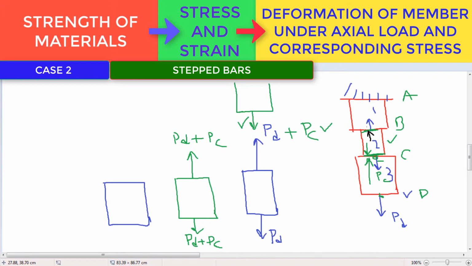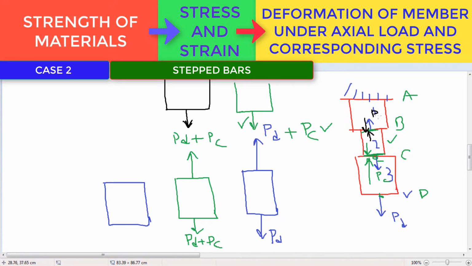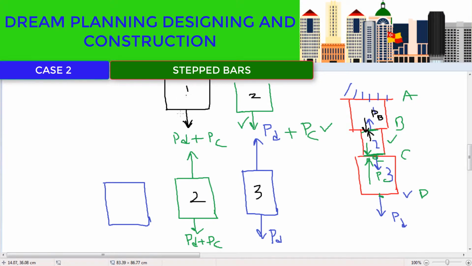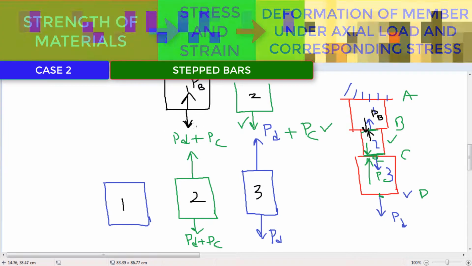Due to this load applied on this joint, there is an equal and opposite reaction from member AB, that is downward. So from point B, PD plus PC acts downward. Here PD plus PC acts downward from this first member, and another force is applied upward, that is PB. So the total resultant force is PD plus PC minus PB.